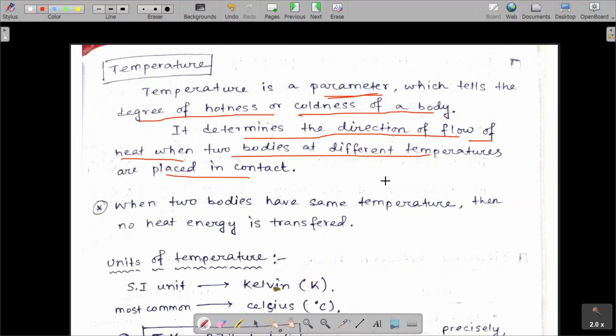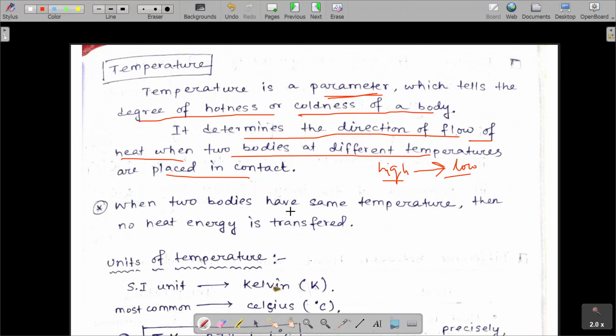Heat will transfer from a hot body to a cold body. Hot body means a body at high temperature, kept in contact with a cold body at low temperature. Heat will flow from high temperature to low temperature.